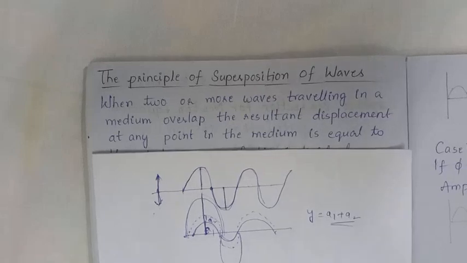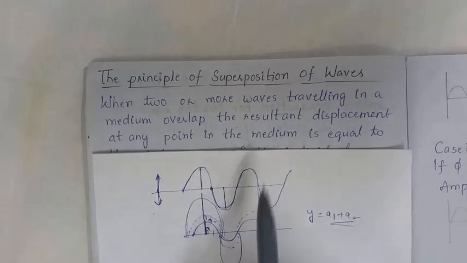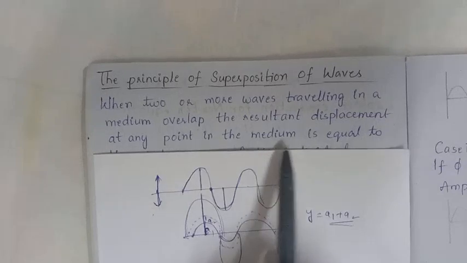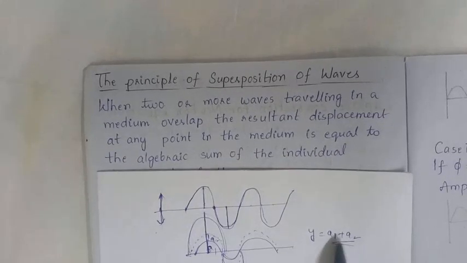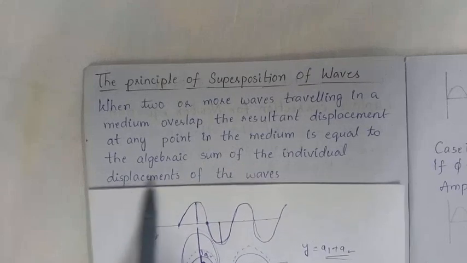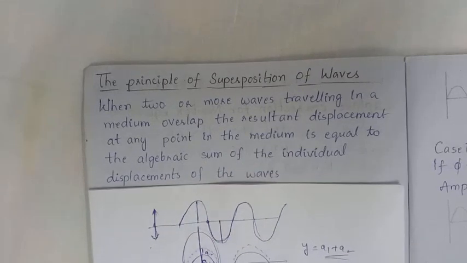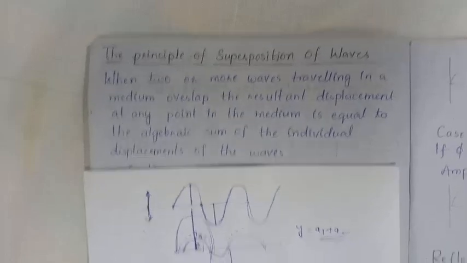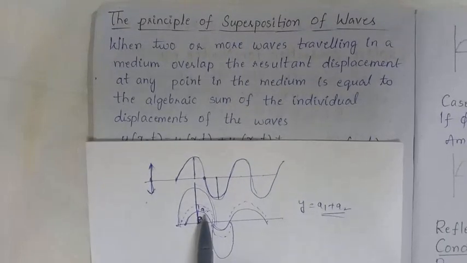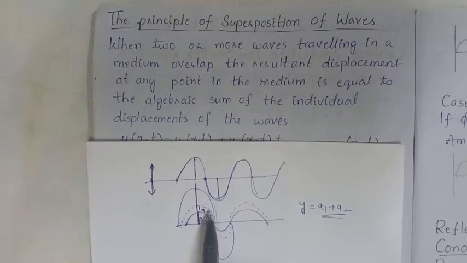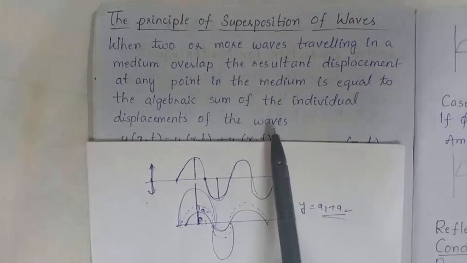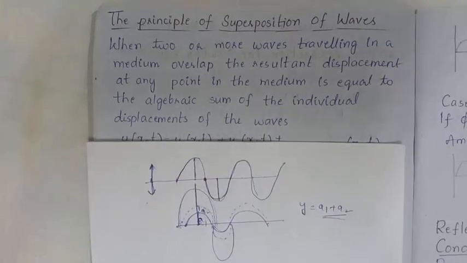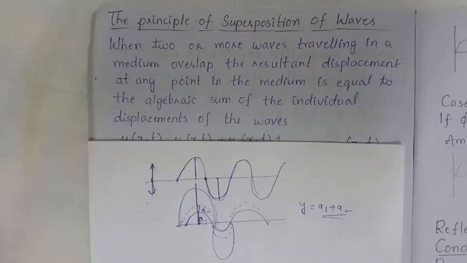So the resultant displacement at any point in the medium is equal to the algebraic sum of the individual displacements. The individual displacement of one wave is A1, another individual displacement is A2, and the resultant displacement at any point is the algebraic sum of the individual displacements of the waves. This is the statement of the principle of superposition of waves.